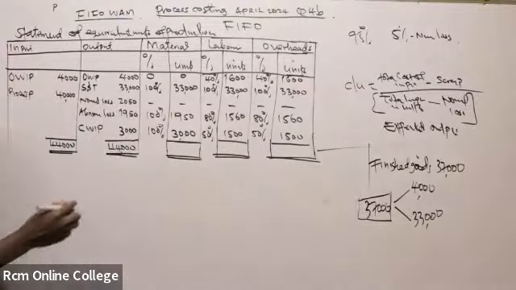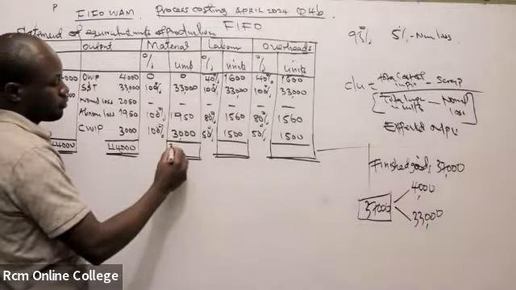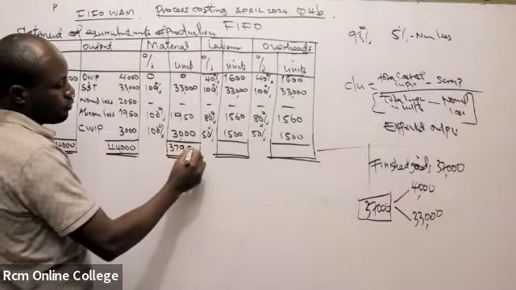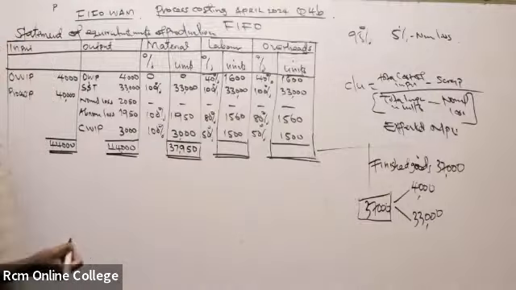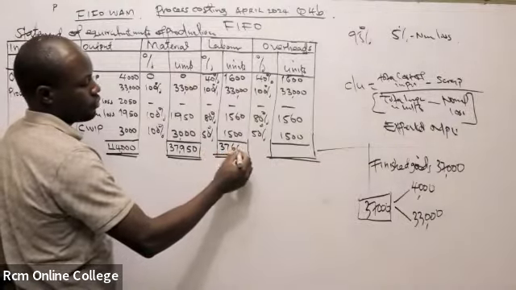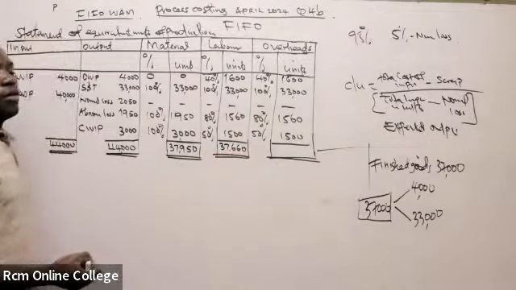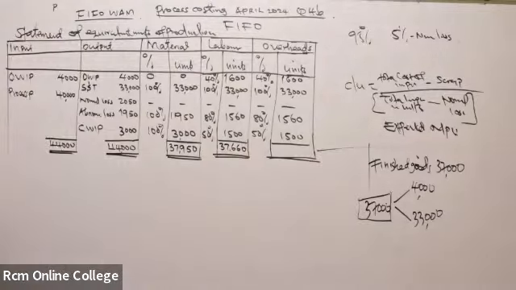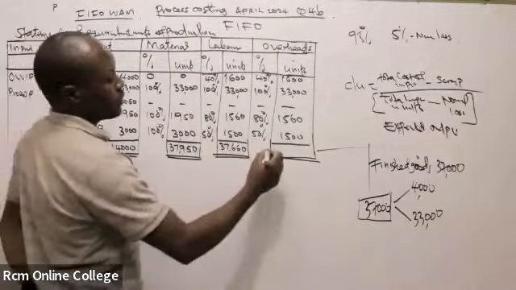Material, 37,950. Labor, 37,660. Overheads, 37,660.